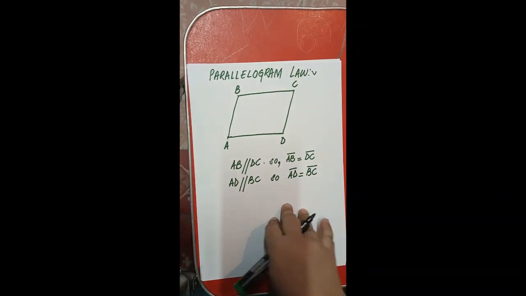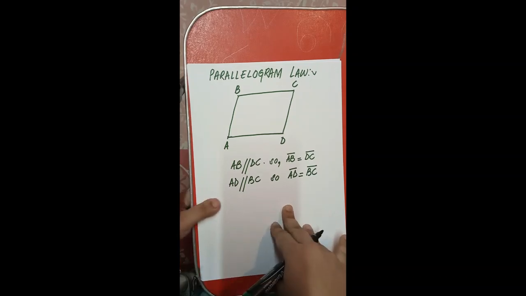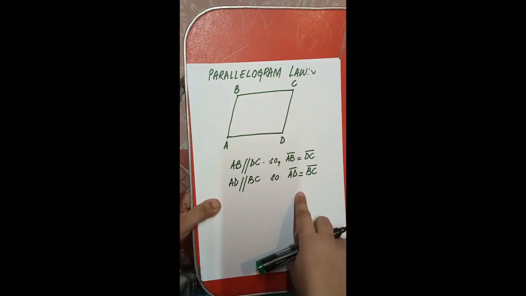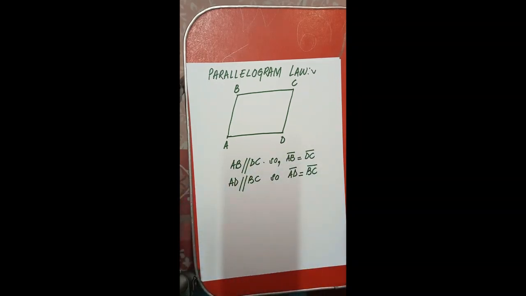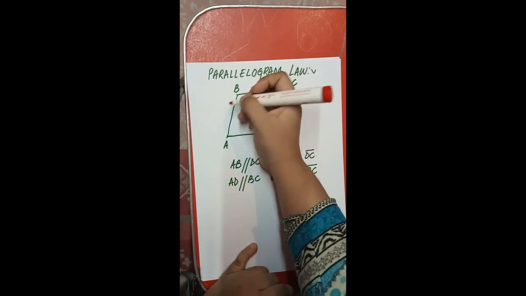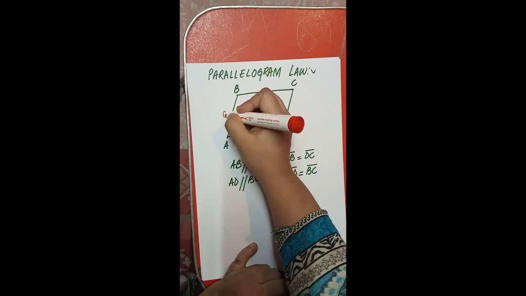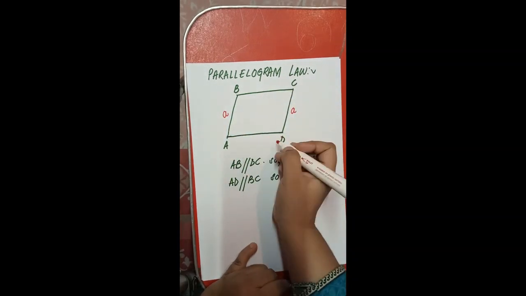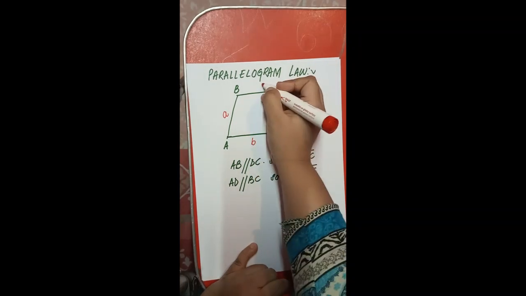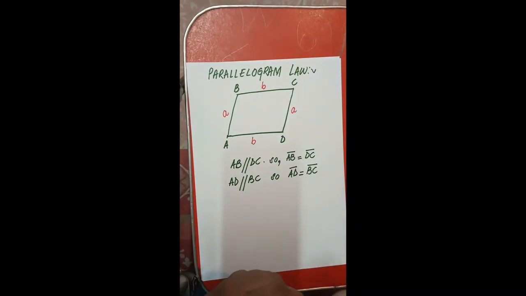It means the magnitude of AB is equals to DC and the magnitude of AD is equals to BC. For example, I am going to say this AB length is small a, so this should also be a. If AD length is small b, so this should also be b. This is the first property of the parallelogram.